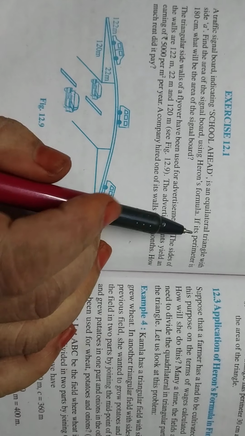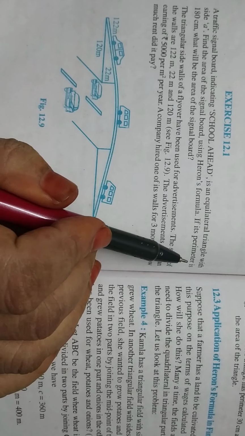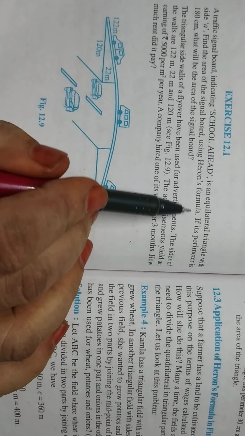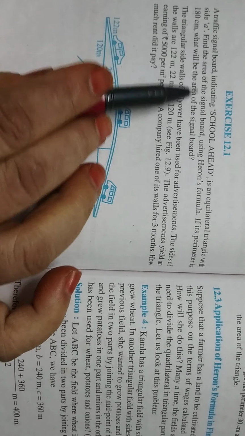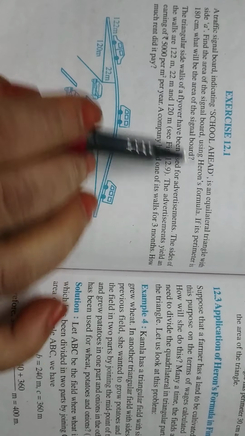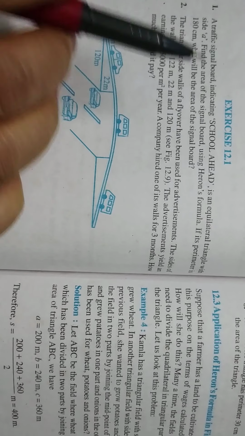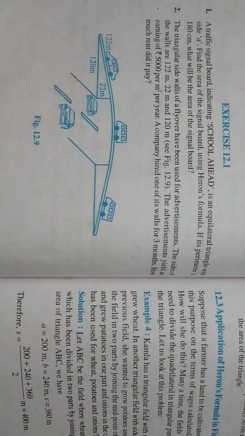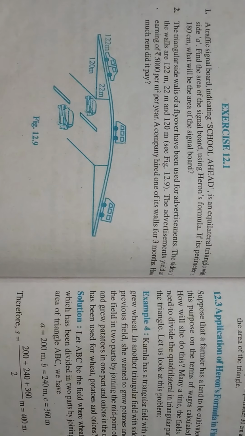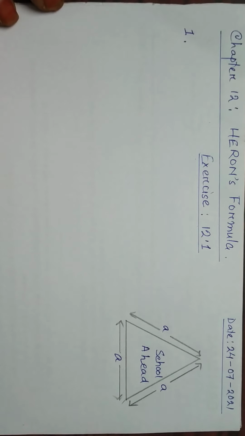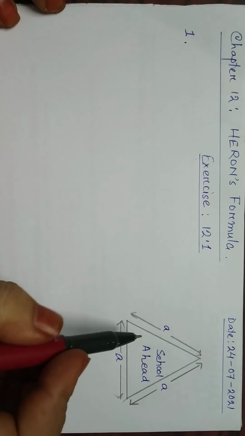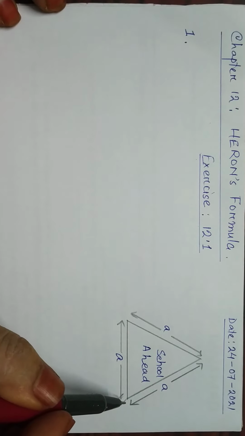If the perimeter of this triangular signal board is 180 cm, then we have to find the area of the signal board. Now we will solve this sum this way. Suppose this is the triangular signal board.